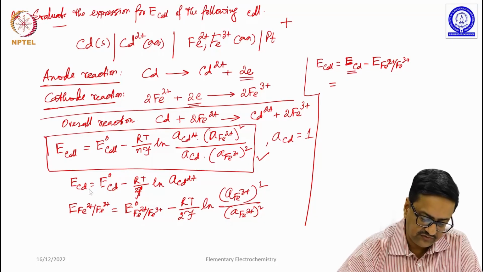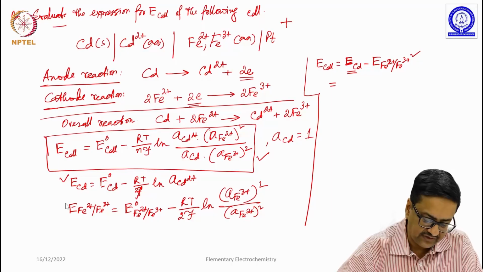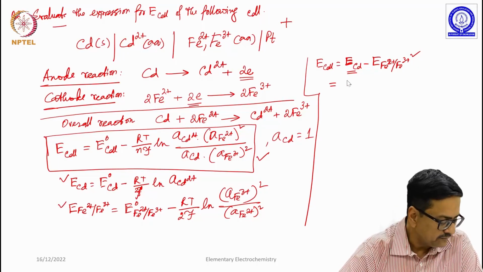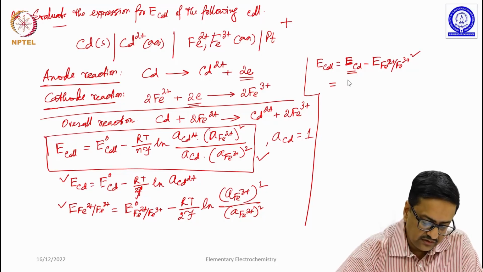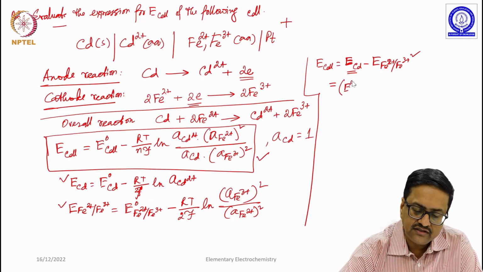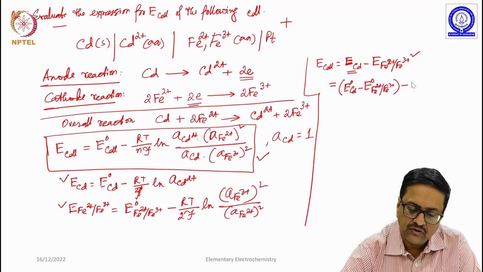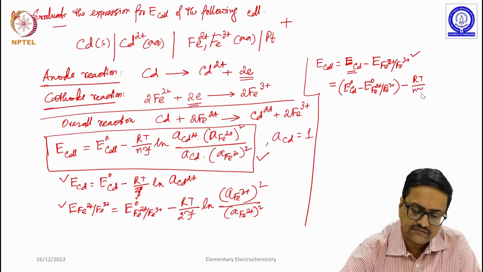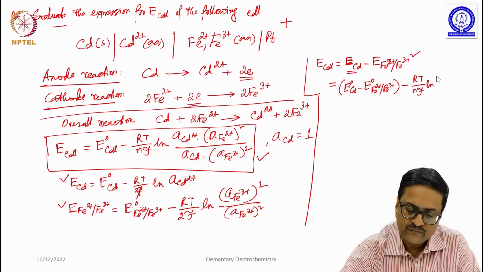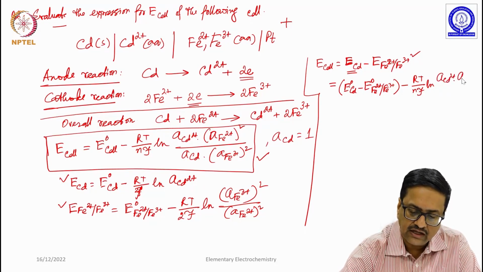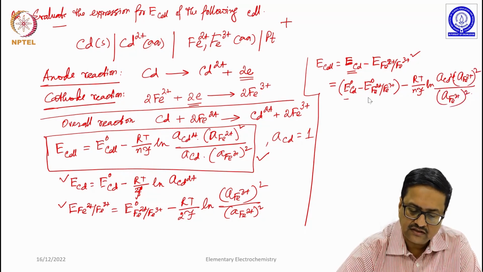If you replace E Cd and E of the ferrous-ferric couple by these equations and then simplify, you will end up getting the difference of E0 terms, replaced by E0 cell, minus RT by NF ln of the activity of Cd2 plus into the activity of Fe2 plus squared divided by the activity of Fe3 plus whole squared.